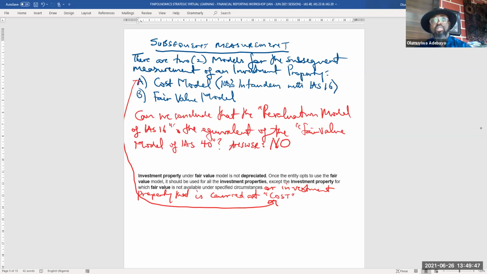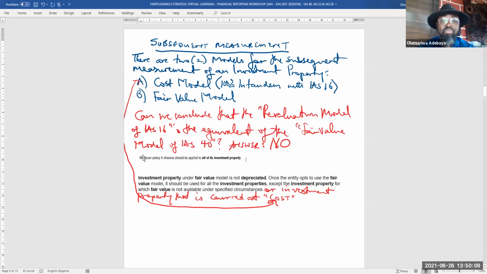Take notes. And again, one thing you need to take notes, which I emphasized at every point in time, is that when there is a policy to be adopted by way of choosing a method, you must ensure that what you choose is what you follow consistently.